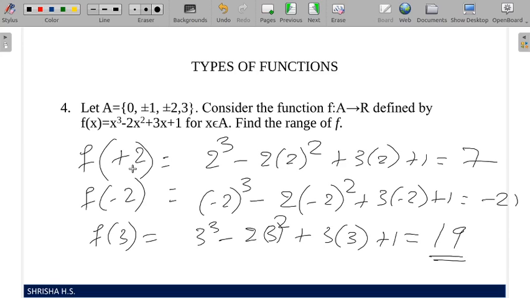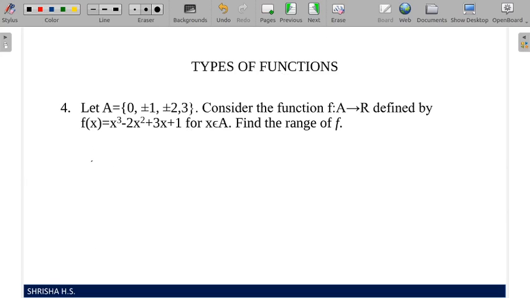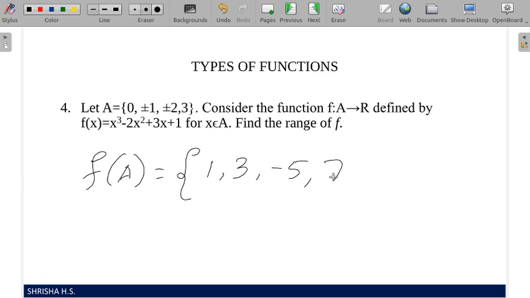So we have calculated for every element of A what is f of 0, plus 1, minus 1, plus 2, minus 2 and 3. So how do we represent the result we have got? So f of A equal to f of 0, f of plus 1, f of minus 1, f of plus 2, f of minus 2, which is minus 21, and f of 3.